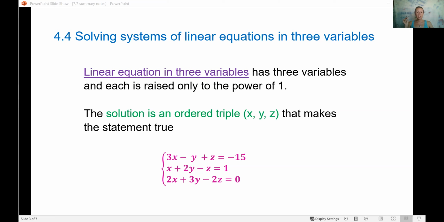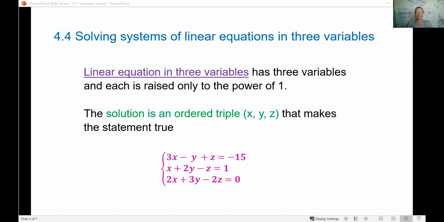So the solution to these systems is going to be an ordered triple, just meaning a value for x, a value for y, and a value for z that makes all 3 of our equations true. We've got 3 equations, we've got 3 variables, and we want to figure out the values for x, y, and z that will make all 3 of these equations true.